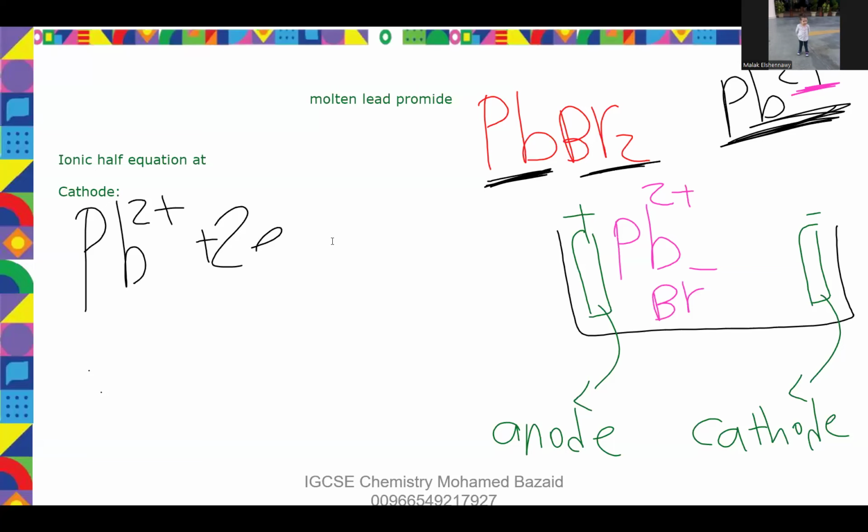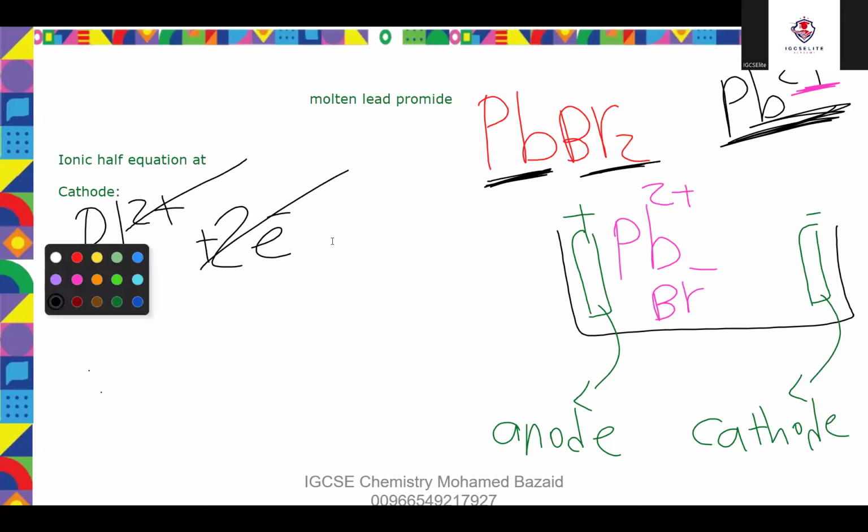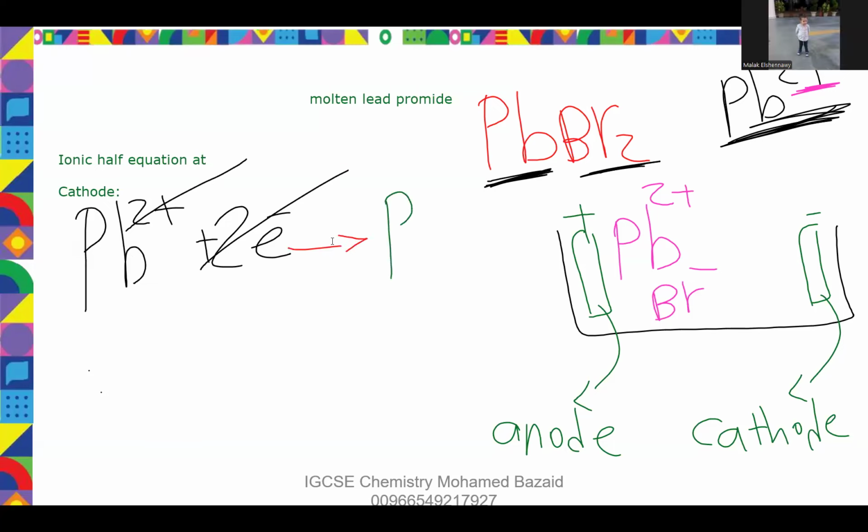So cancel 2 electrons with positive 2. Now, what do you have? It gives you only Pb. So finally, I have lead at the cathode. Many factories all over the world use electrolysis to obtain lead from lead bromide.